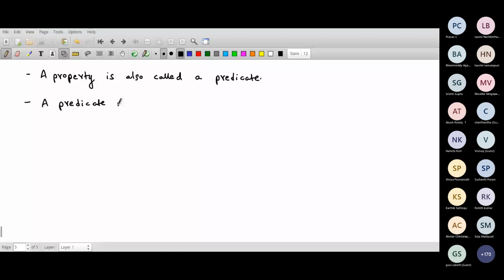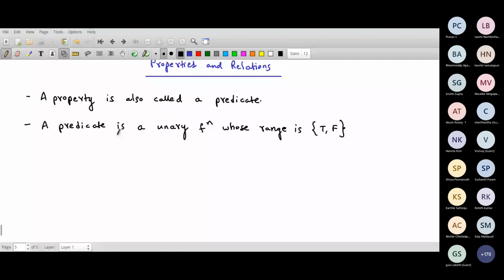A predicate is a unary function whose range is true or false. Okay. So a predicate is also a function, but two conditions need to be satisfied.